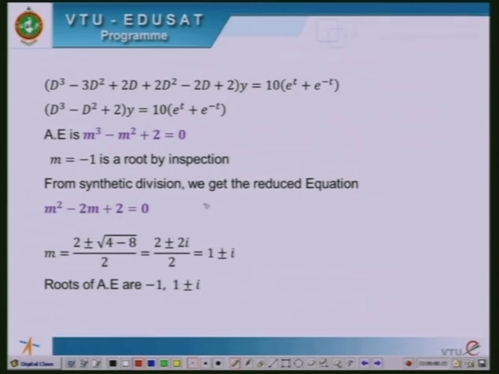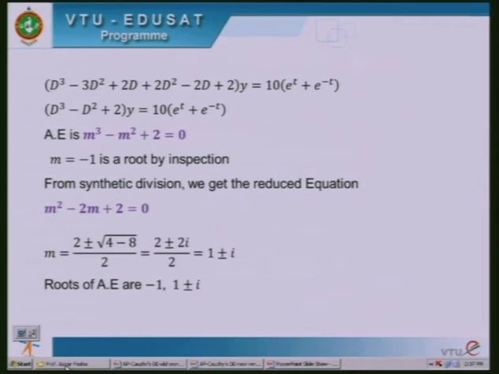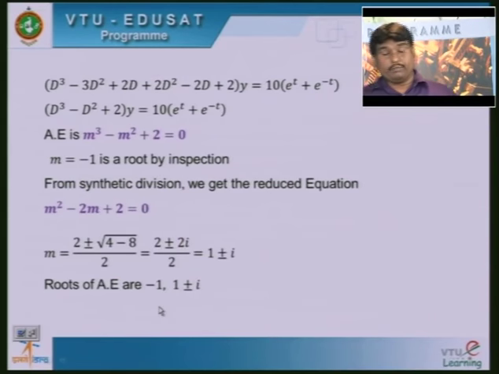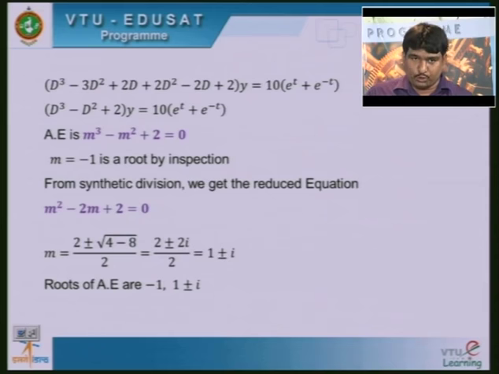Roots of this equation are 2 plus or minus root of 4 minus 8 divided by 2. So roots are complex, 1 plus or minus i. One root is real, which we have guessed, minus 1, and the other two are complex conjugates, 1 plus or minus i.